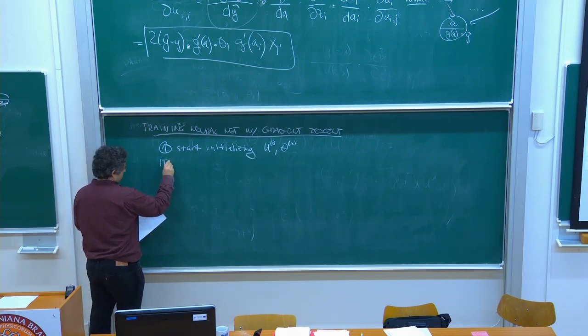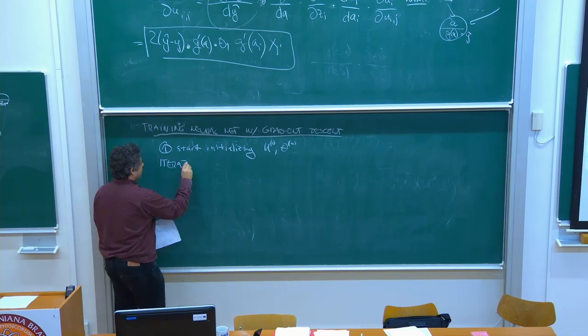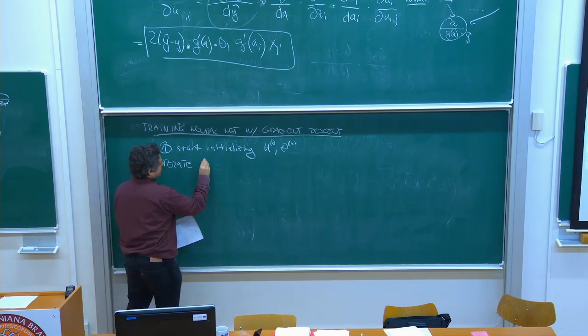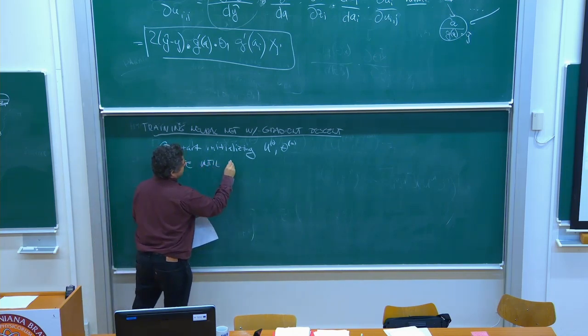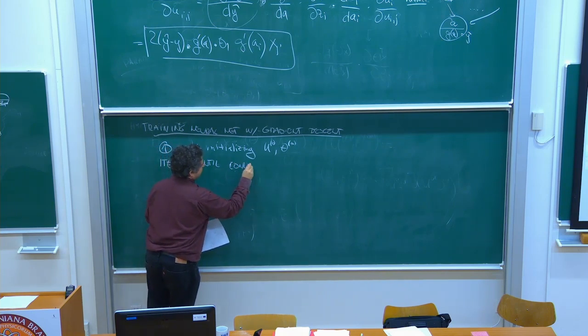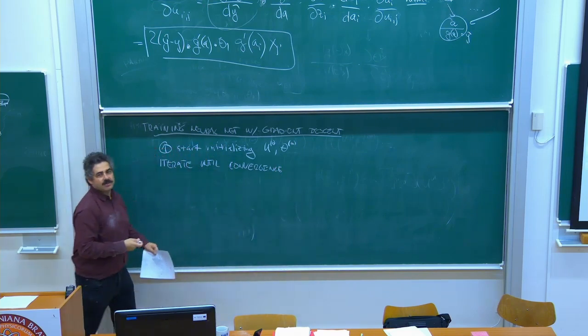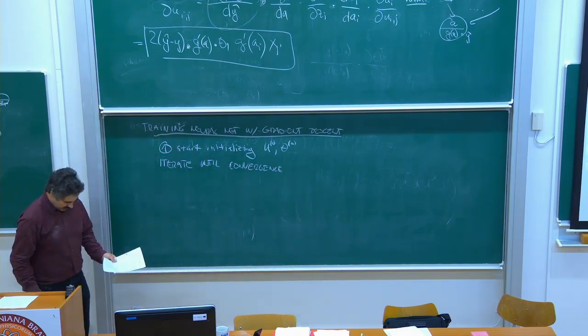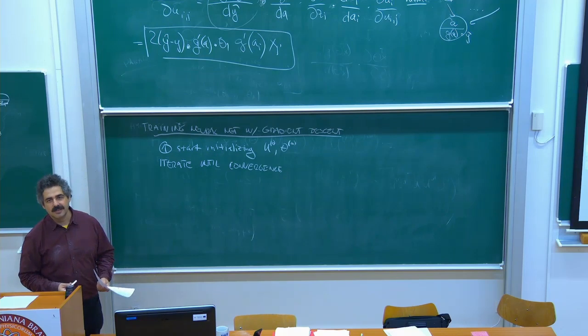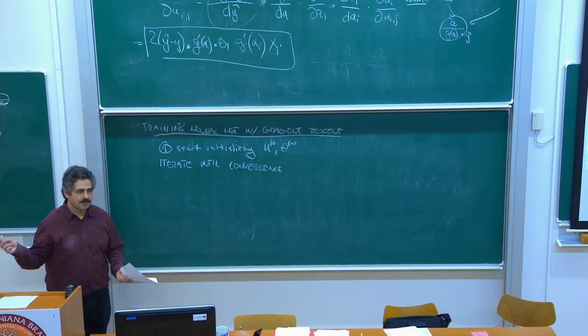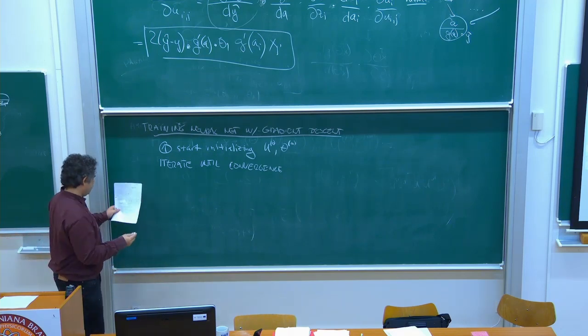And so now we iterate until we are happy, until convergence, or until the changes in the values are small, or until the error doesn't improve much, things like that.